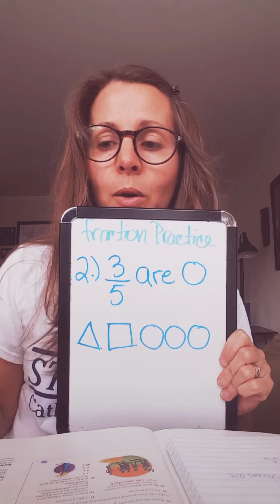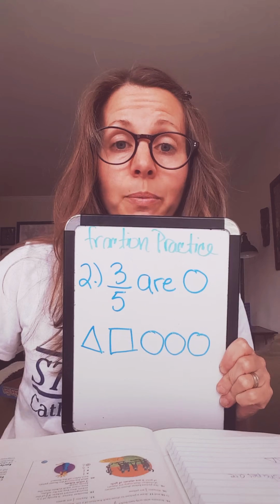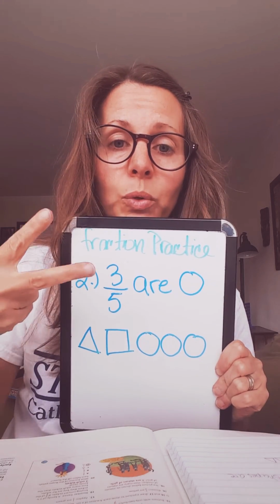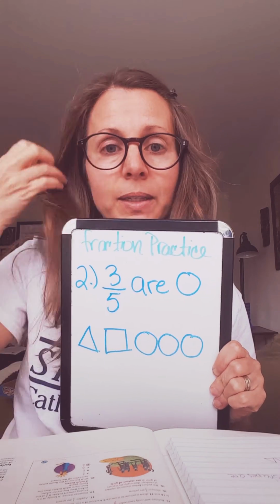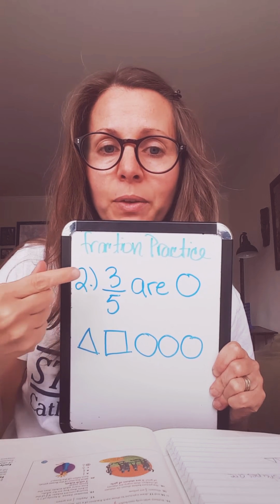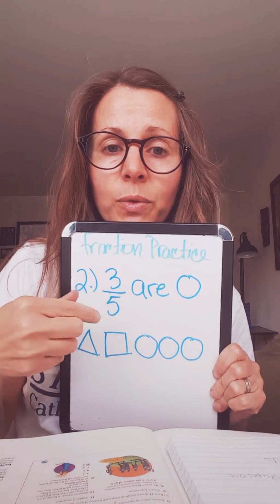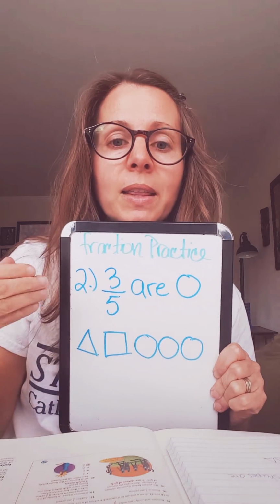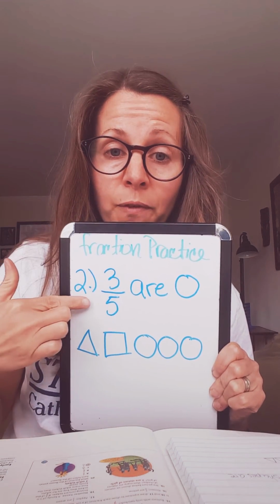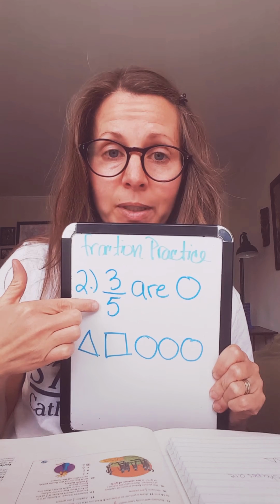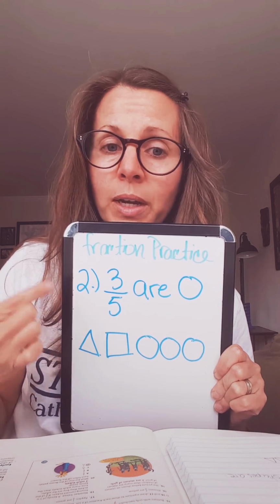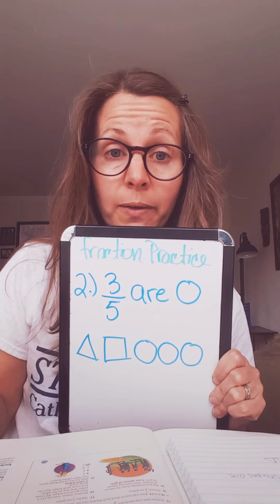Okay, so I realize that all of you might have something different than mine, but the 2 key factors are: if your fraction is representing 3/5 and 3/5 of them are circles, then you needed to have 5 total items in your set, whether they're triangles, rectangles, stars, whatever.